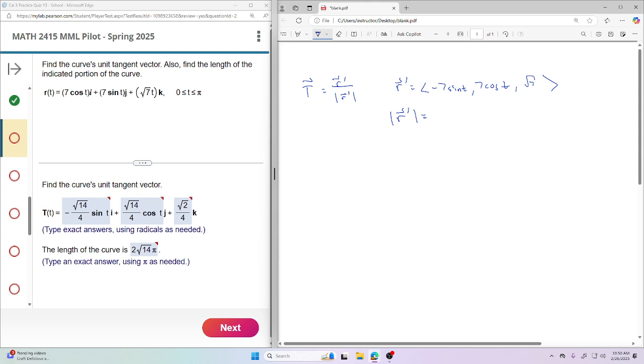So magnitude, if you note here, we have 1, essentially, right? So it's like 7 squared plus 7 squared. No, because you have to factor it. It's just 7 squared times 1, because it's cosine squared plus sine squared. That goes away. It doesn't matter. And then plus plane 7. Exactly. So 49 plus 7.